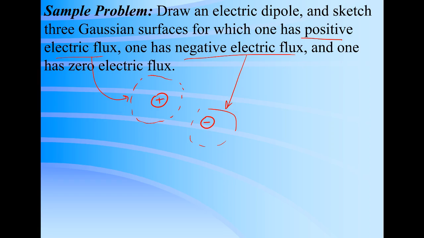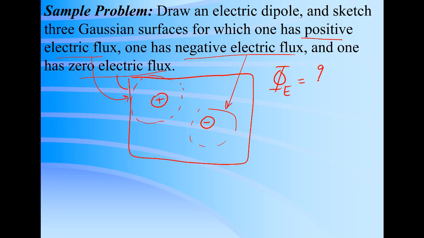And a surface that has zero electric flux would be if you enclosed both. So remember that flux is just equal to the charge enclosed by our surface over epsilon naught. So the only thing that matters is how much charge is inside of our surface.